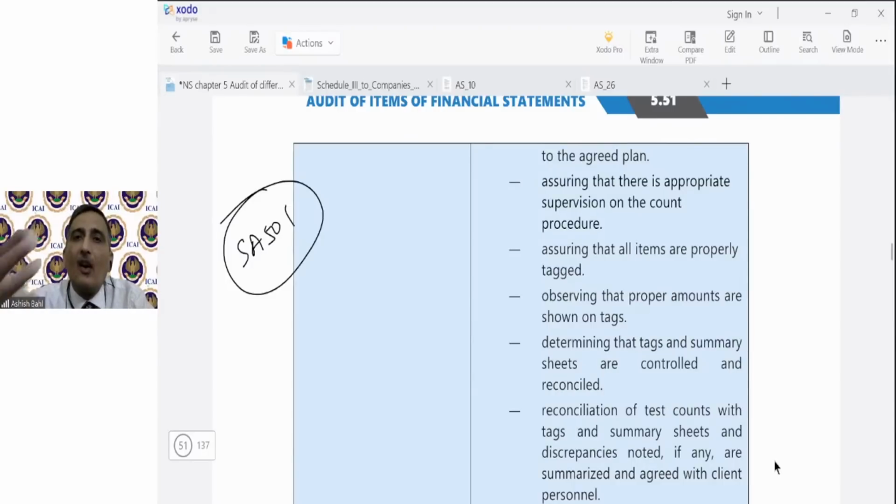Say the auditor has gone to attend the inventory count of a manufacturing company. Say, assume it is engaged in manufacturing of blankets. Then obviously when he would be attending the physical inventory count, he would be inspecting the stocks of different types of yarns.